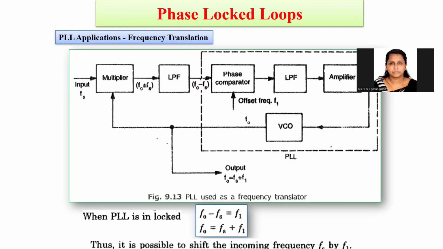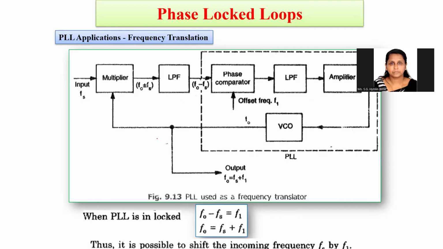The VCO output is multiplied with the input signal, and we will get two components, one at F0 plus Fs and another at F0 minus Fs, because multiplying two signals always gives a sum component as well as a difference component. But you have a low pass filter which allows only the low frequency component. So the difference component F0 minus Fs is given to the phase comparator.